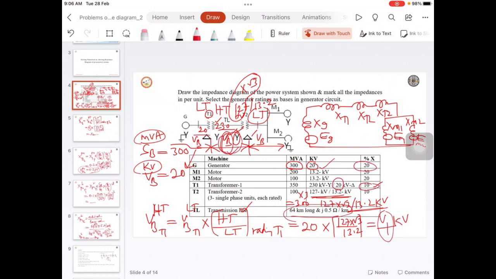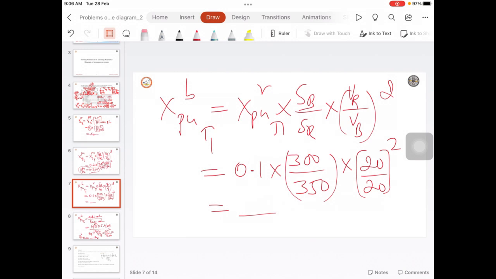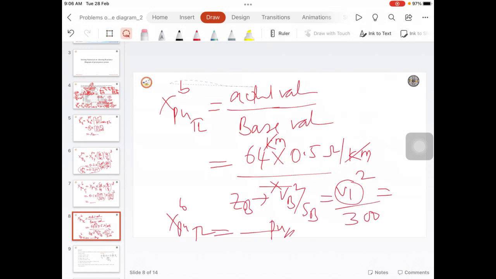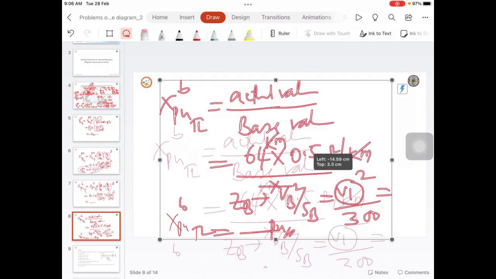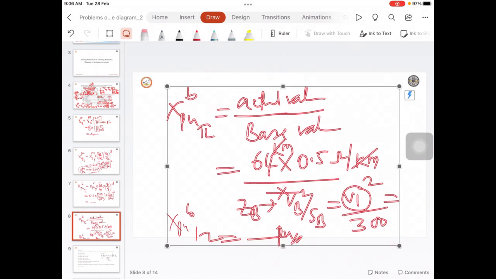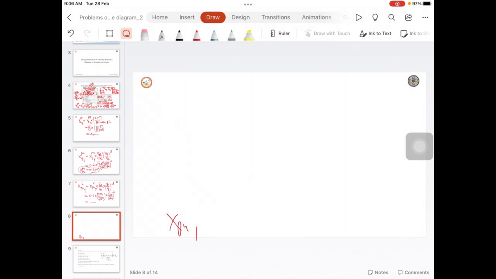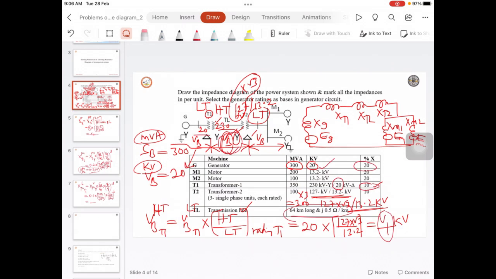So, I will tell how to calculate transformer 2.